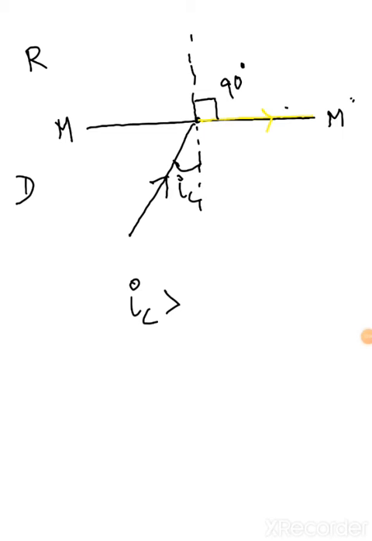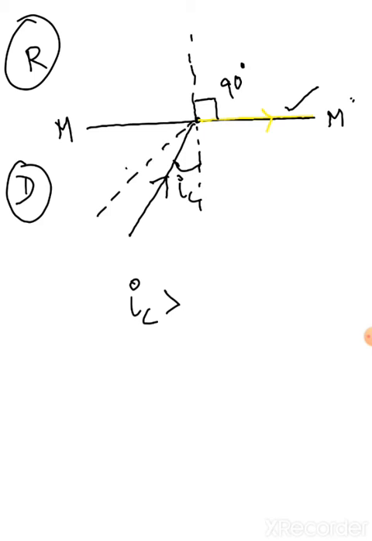Since the ray is traveling from the denser to the rarer medium, obviously it has to bend more away from the normal, it has to bend even more, isn't it? So when I make my angle of incidence greater than the critical angle, the refracted ray bounces back into the same medium.